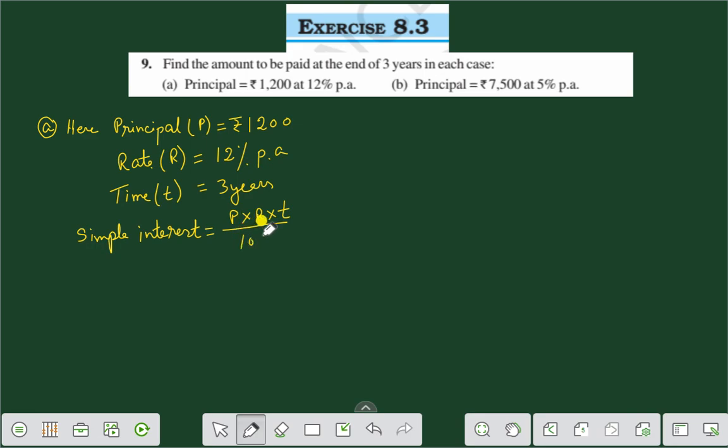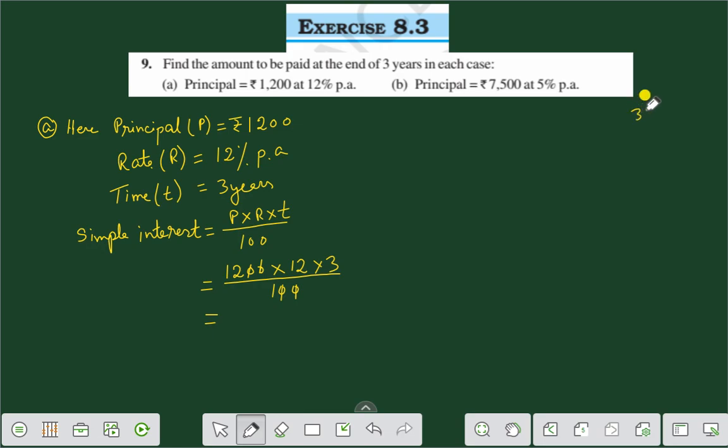If we put the value here, we are getting principal is 1200, rate is 12% per annum, that is 12, and T is 3 years, that is 3, by 100. If we cut this 0 and this 0, now we multiply 12 into 3, which is 36.